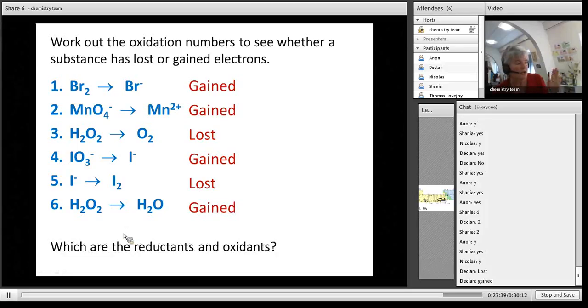So now I've got to work out which are the reactants and the reductants and the oxidants. Now, a reductant and an oxidant are always reactants, so they always have to be on the left-hand side of the equation, never on the right. A reductant makes the other one gain electrons by handing over its own electrons. So does a reductant gain or lose electrons itself?